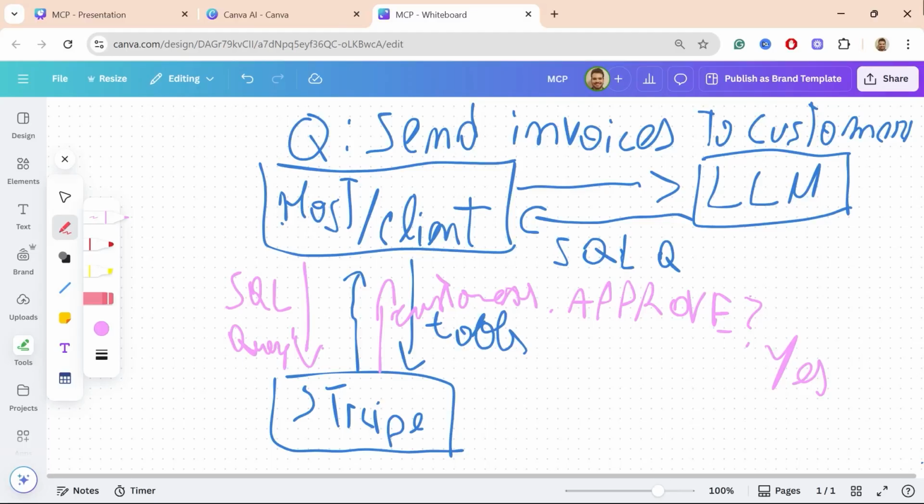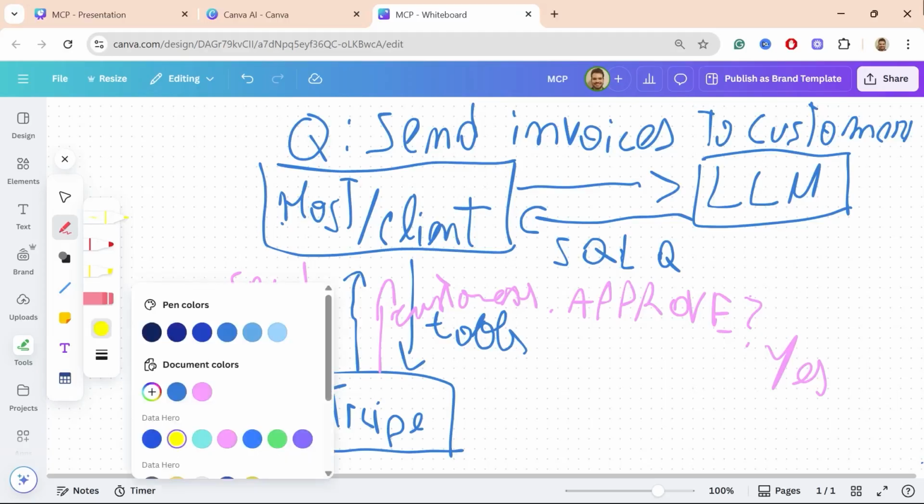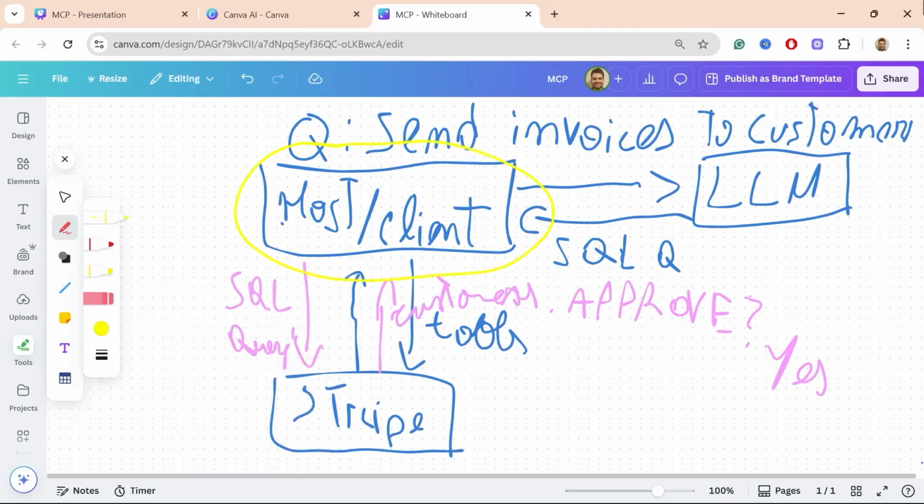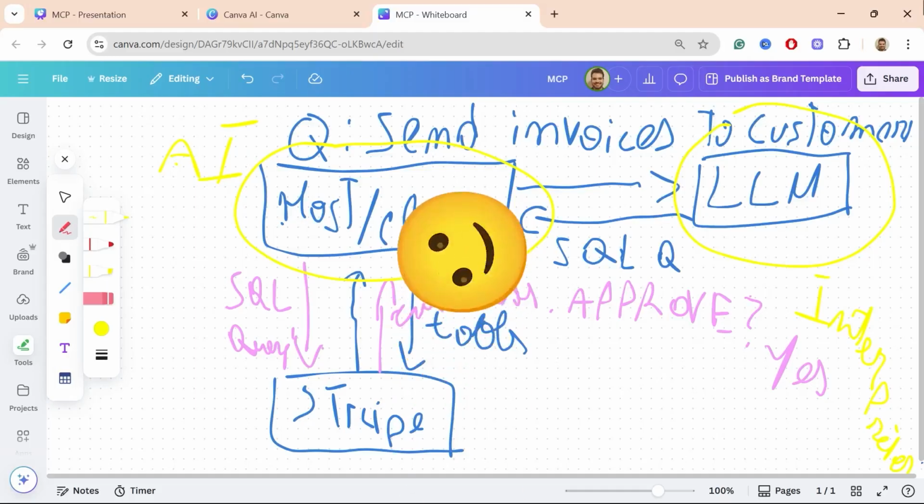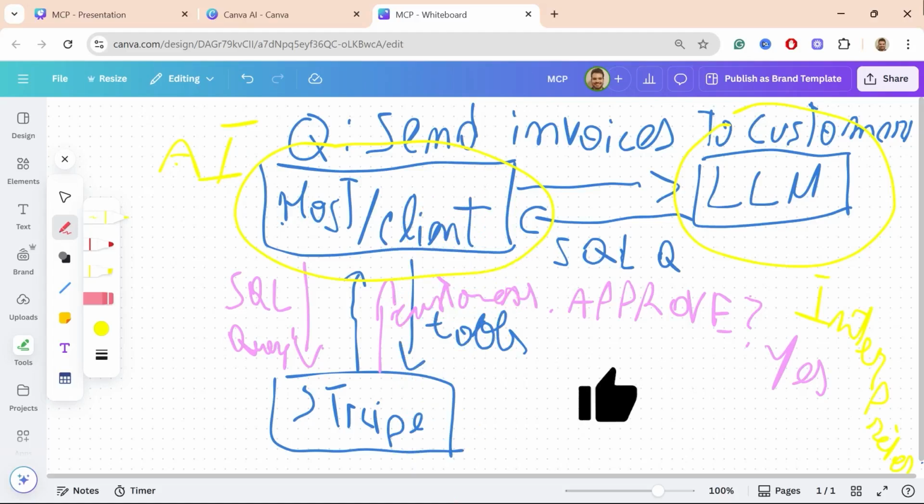The bottom line is that we're always interacting. I put this here as a triangle so that it's easier. But the bottom line is that we have our AI, and our AI is going to have an interpreter. This looks horrible. Hopefully it doesn't look as bad, but the explanation should be clear.